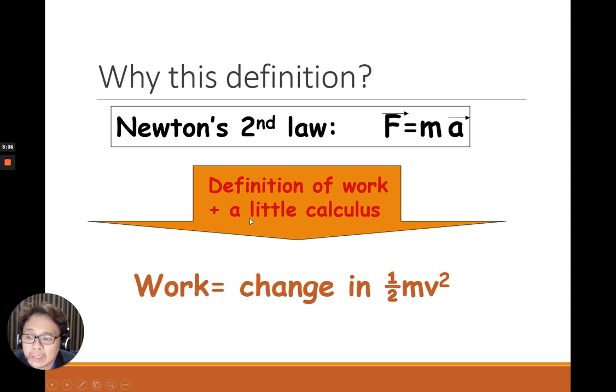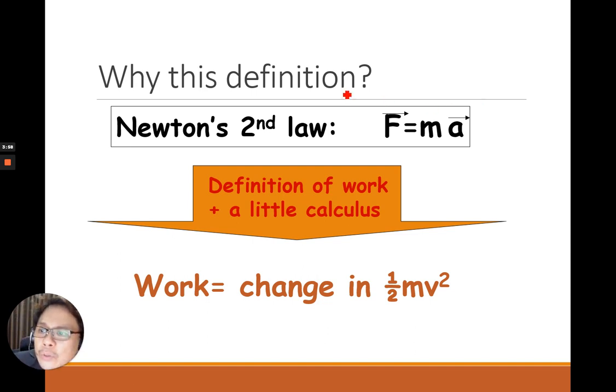With a little calculus, you would be able to derive that work is equal to the change in the kinetic energy. The equation 1/2 mv squared refers to the kinetic energy of an object, of a moving object in particular. So we expect that work and energy will have the same set of units.